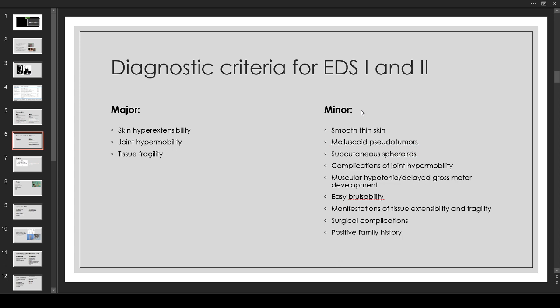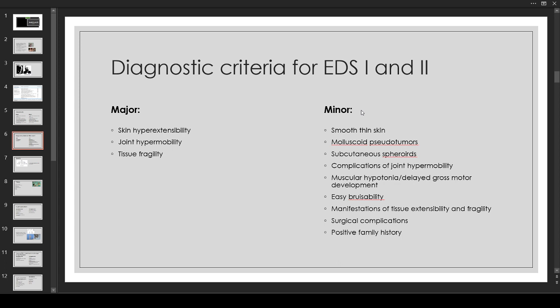Complications of joint hypermobility, muscular hypotonia or delayed gross motor development, easy bruisability, manifestation of tissue extensibility and fragility, such as development of hernia or anal prolapse in childhood, of course, and cervical insufficiency and surgical complications. Now here is a point.